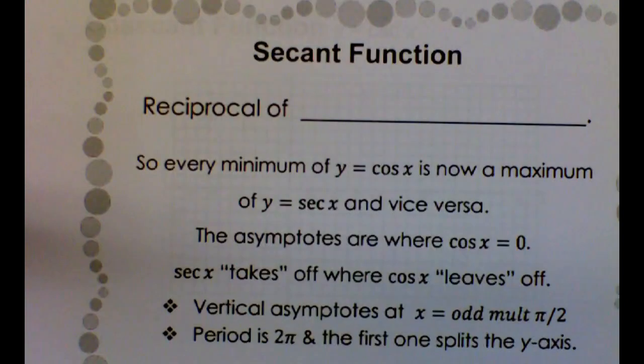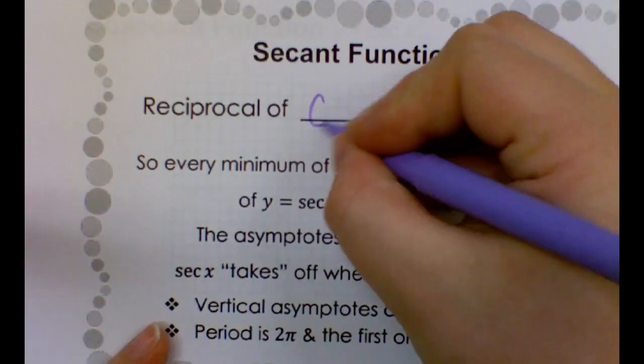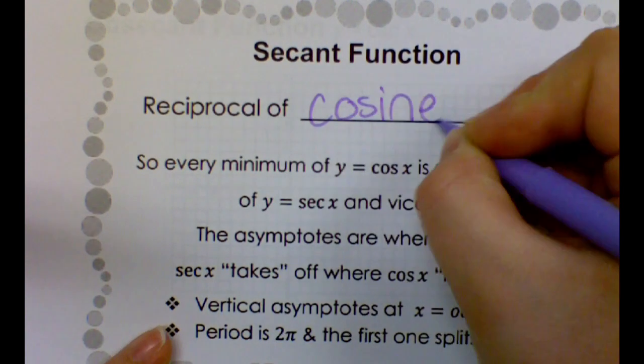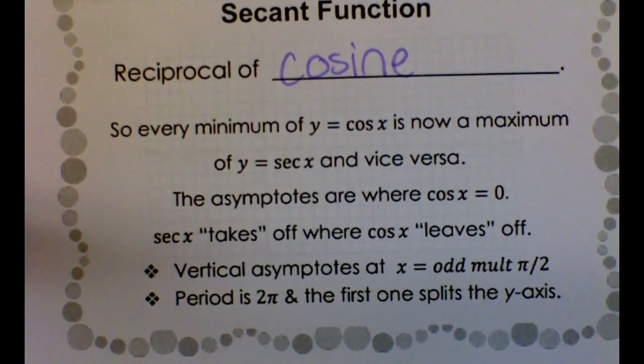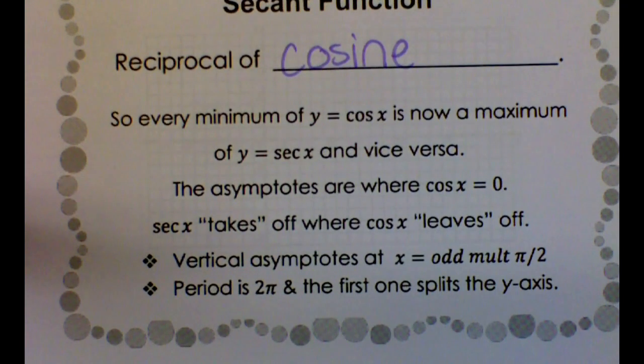Important pieces of secant. Secant is the reciprocal of cosine. Every minimum of cosine is now a maximum of secant, and vice versa. The asymptotes are where the cosine was 0. Secant takes off where cosine leaves off. Basically, if cosine was leaving off at 0, secant is taking off towards infinity or negative infinity.